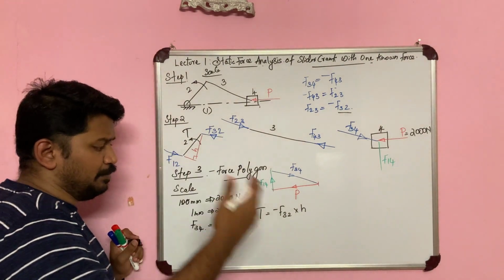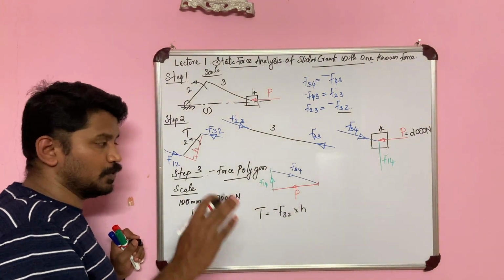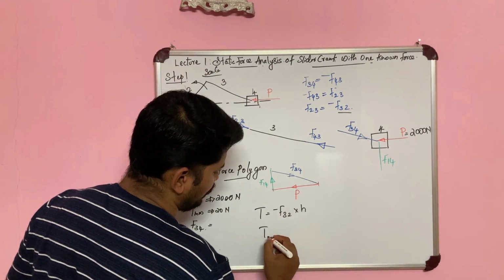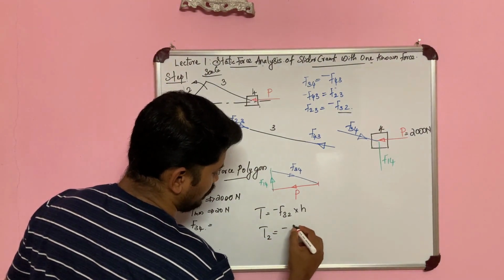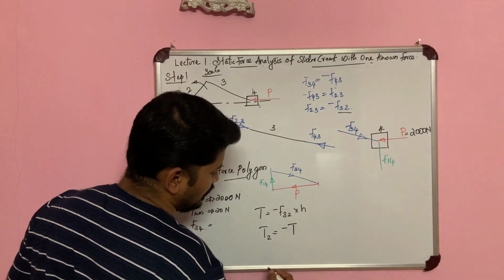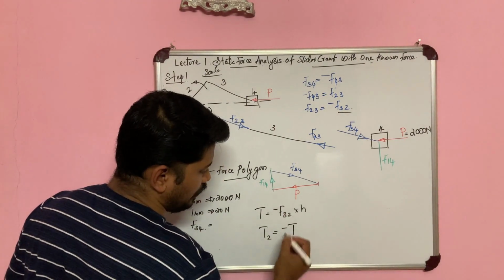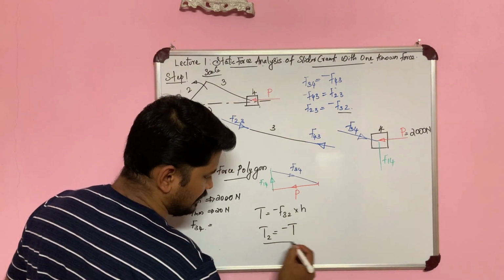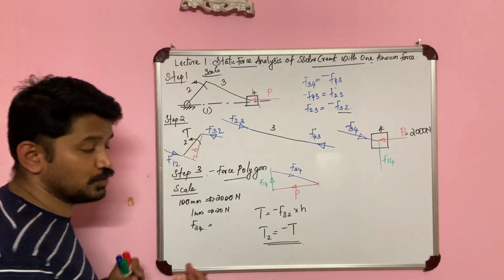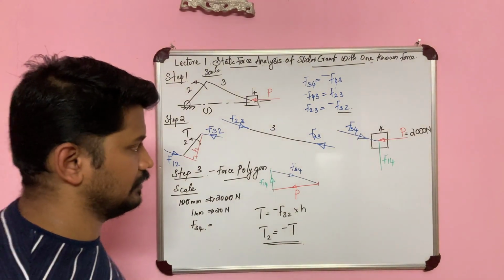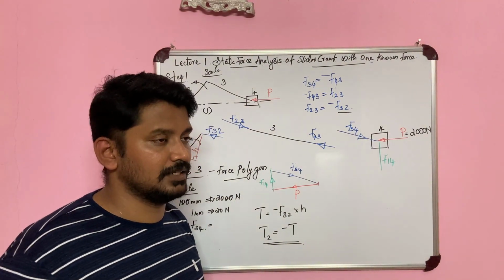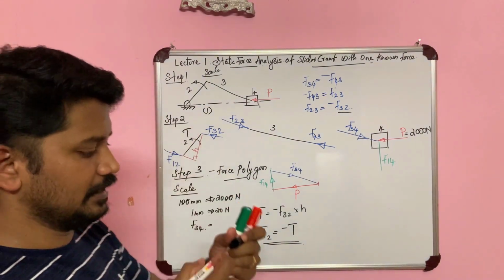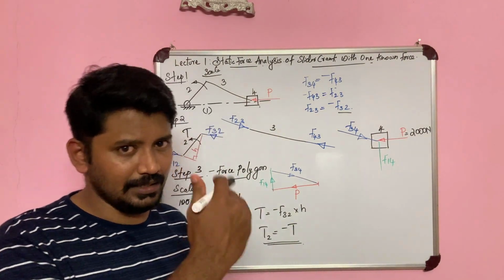Now my input torque is supposed to be opposite to this T. So if I name input torque as T2, T2 is equal to minus of T, right? But here I already had a minus, so minus minus will become plus. So T2 is always opposite to that of my torque. My input torque is always going to be opposite to the torque that is generated in my crank.